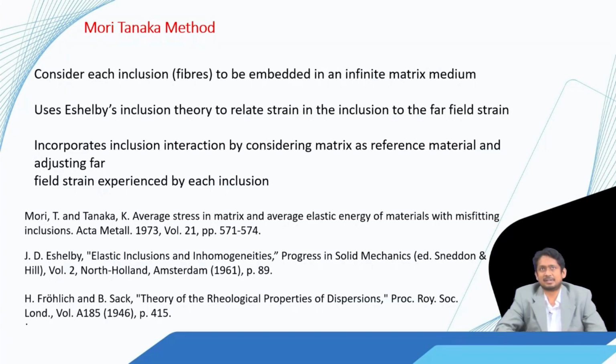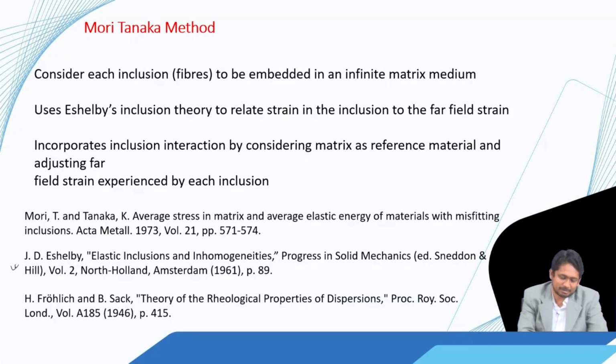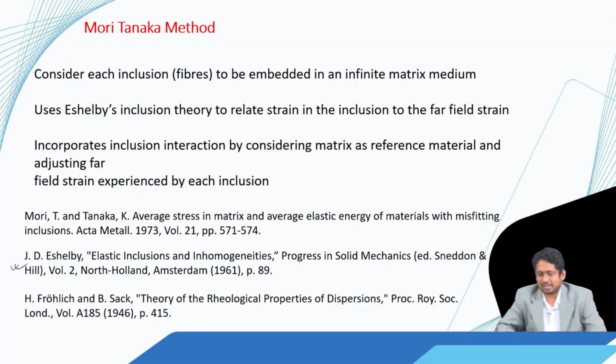The good thing is that we already know the property of the matrix, and then Eshelby's inclusion theory, which can be found in this paper, is used to relate the strain in the inclusion to the far field strain, the strain under which it is subjected. Then we incorporate the inclusion interaction by considering the matrix as the reference material and adjusting the far field strain experienced by each inclusion.